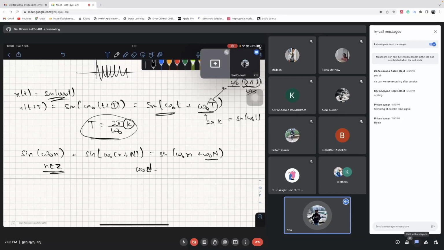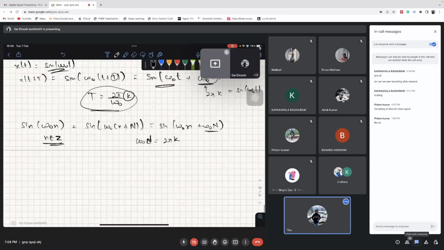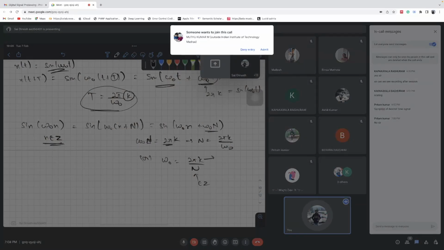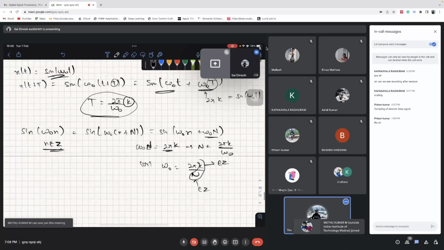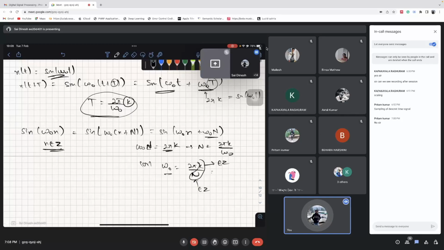If omega naught capital N is equal to 2 pi k, some integer multiple, then N is equal to 2 pi k by omega naught, or omega naught is equal to 2 pi k by N, where N and k are integers. In that case, omega naught is a rational multiple of 2 pi, and if it is of this form, then sin omega naught n is a periodic signal.